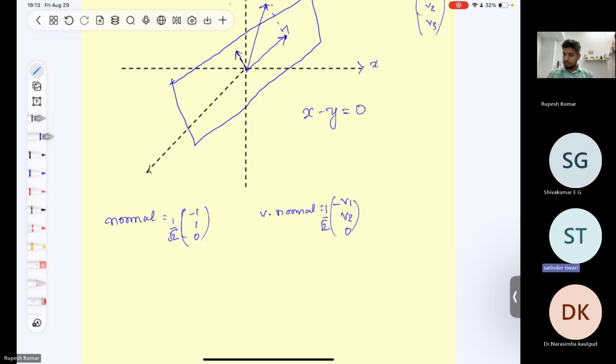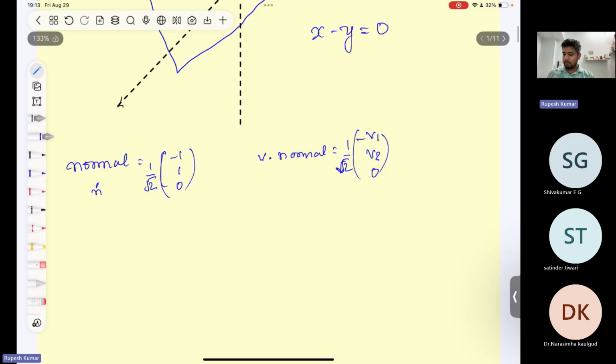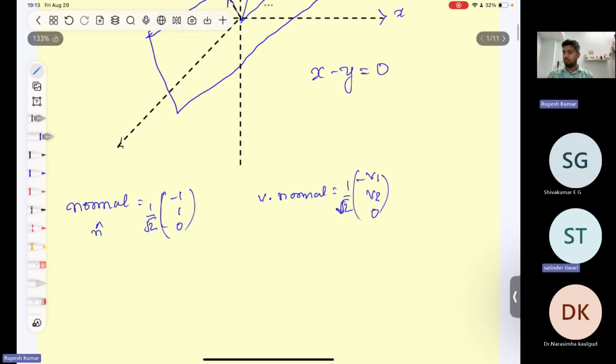In the video, I think it has been explained like projection, u dot v upon the mod of the vector we have to take. It's the same thing, right? You have a vector v and a normal vector n cap given as (minus 1 by root 2, 1 by root 2).